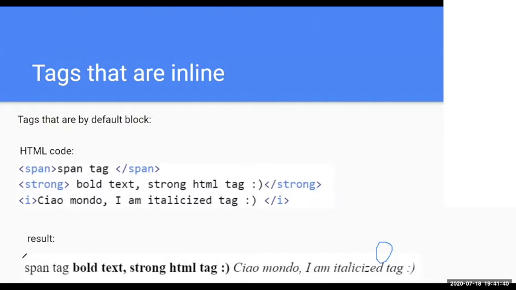They are all on the same line, and that is the core difference. The reason they're on the same line is that both the span element and strong element are by default inline. So it's true for the I element, which stands for italicized.